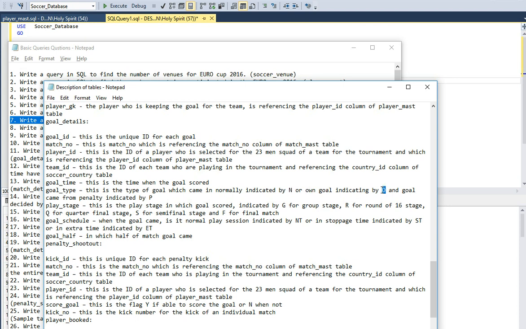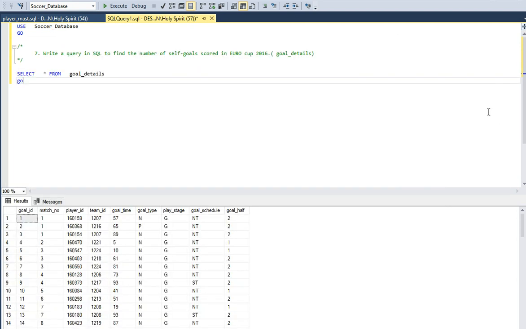O means own goals or self goals, and P means goals by penalty. Okay, so here we have to count because it is the number of self goals, so here we can count all of them.